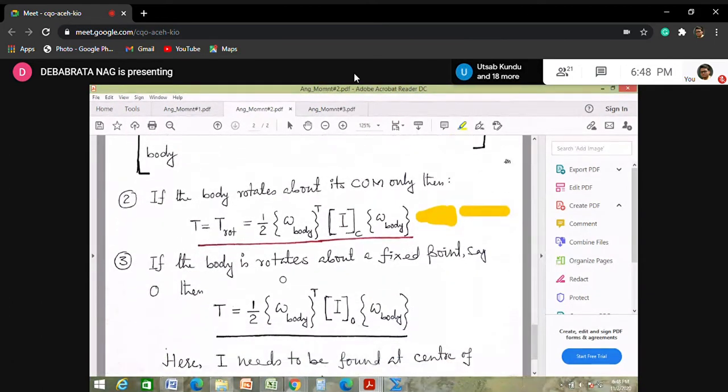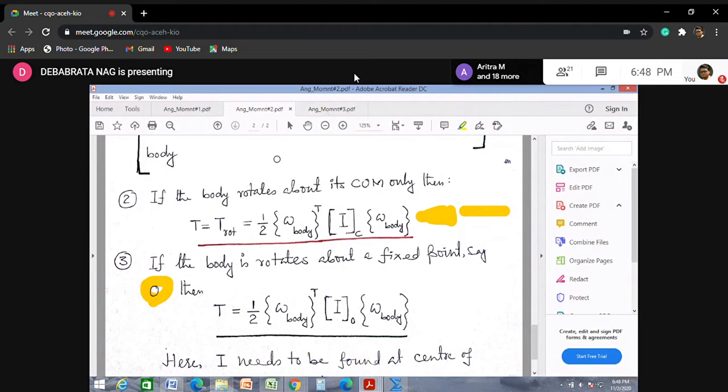And thirdly, if the rigid body rotates about a fixed point, say point O, about which I can write our relative angular momentum equation, H bar O is equal to I times the angular velocity vector.